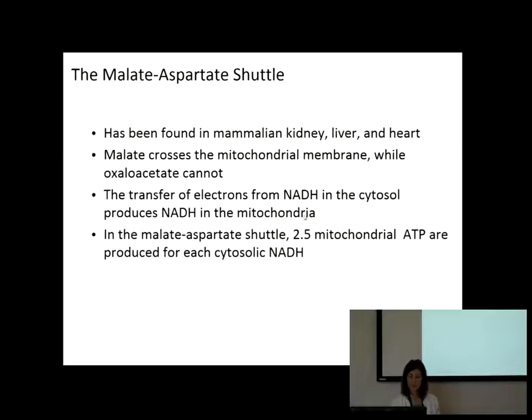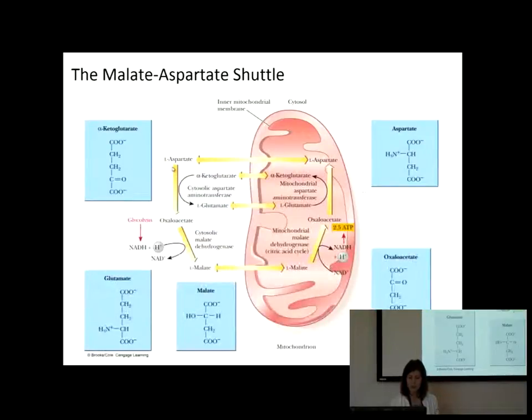So again, because we're transferring it from a cytosolic NADH to a mitochondrial NADH, we get an exchange rate of 2.5. Here, this is what's happening. Malate can get through. The names are the molecules that get across the membrane. Here we're talking about both of them. The malate is what's going to pick up the electrons from the NADH and cross the membrane.